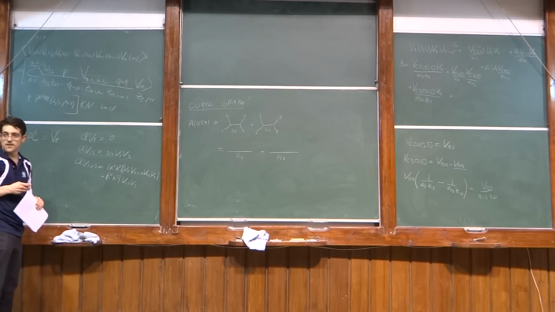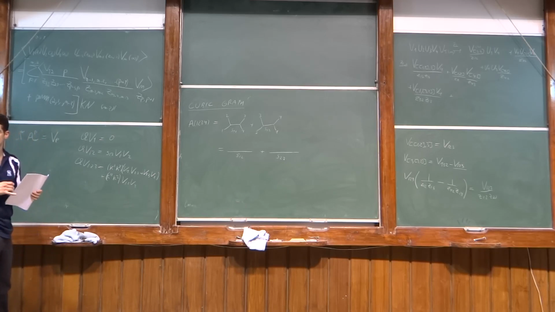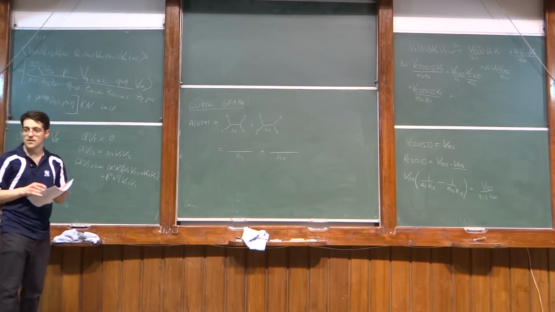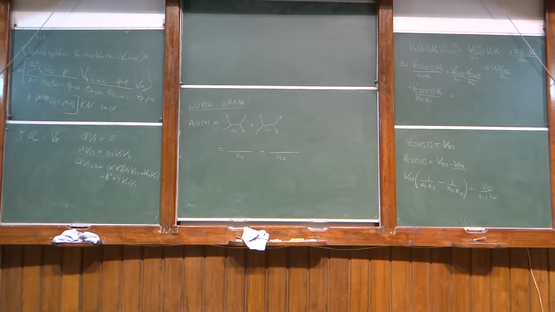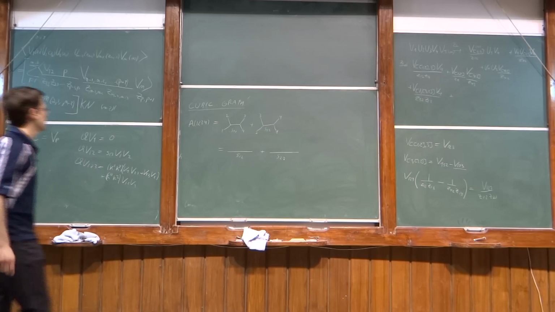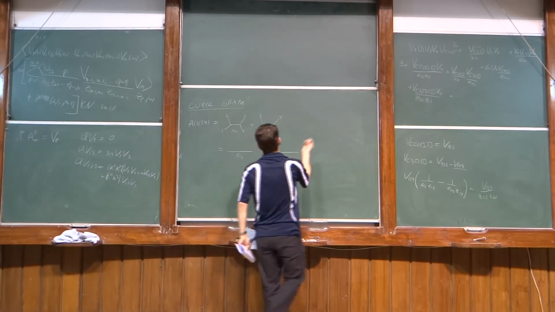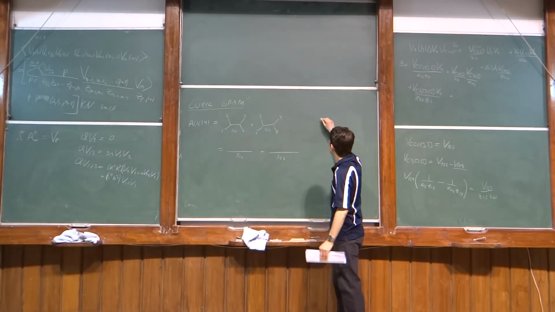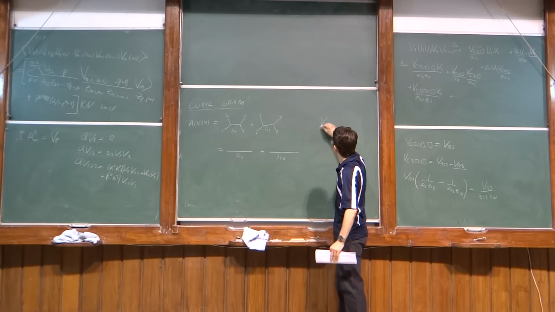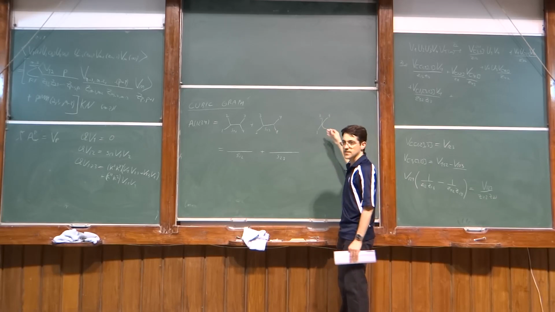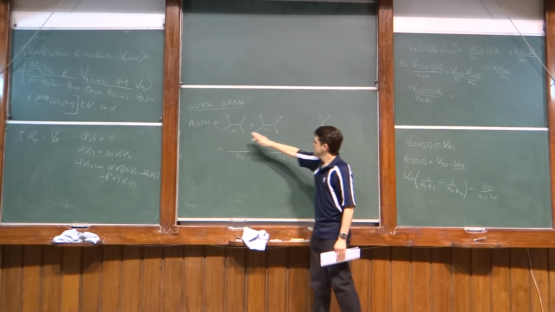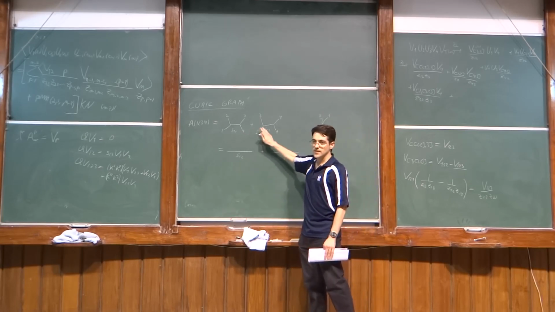The 4-point diagram you said, what will it be like? You said there will be a 4-point diagram. Oh yes, I just said that because that will be the quartic interaction from Feynman diagrams. But these are not meant to be Feynman diagrams.